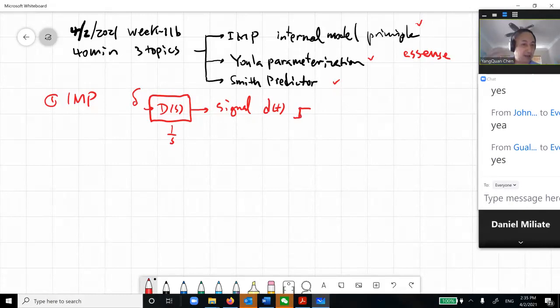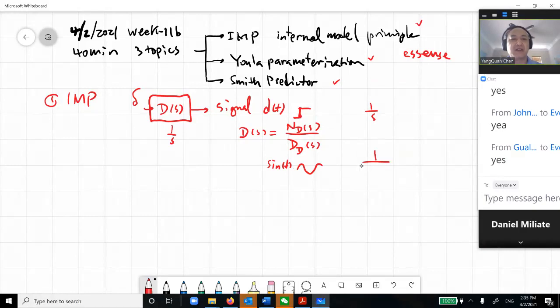So make sense? Okay. So then I know that the D of S could be written as numerator D of S and denominator D of S, right? So say for example, in our case, we have a step that is 1 divided by S. But if you have a sinusoid, then what you have is 1 over S squared plus 1.